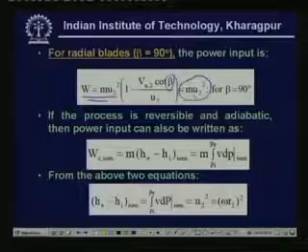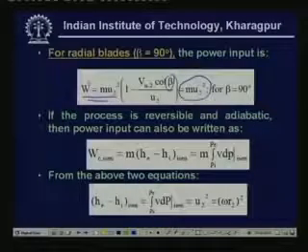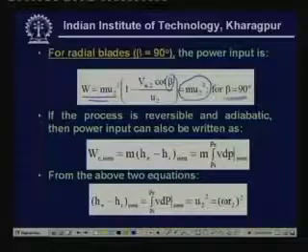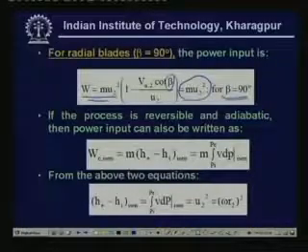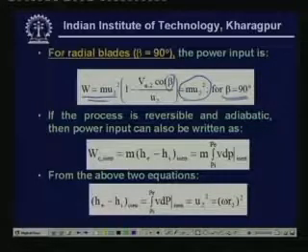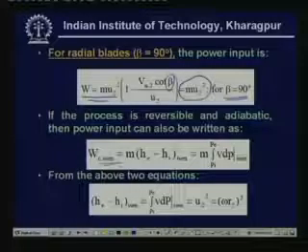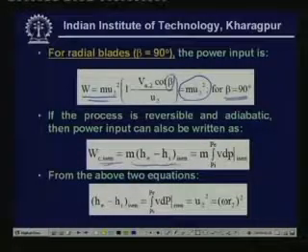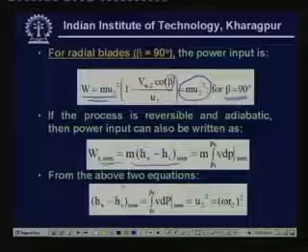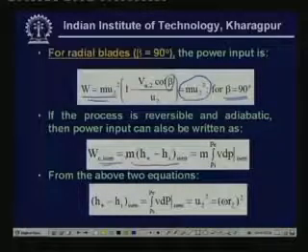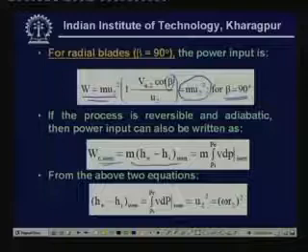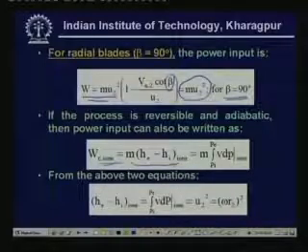So we get a very simple expression which directly relates the power input to the tip speed. Remember that this is only valid for beta is 90 degrees and with no tangential velocity at the inlet. And if you are assuming that the process is reversible and adiabatic, you can also write the power input in terms of the enthalpy rise of the isentropic process and the mass flow rate, that we have seen earlier. So power input is also equal to mass flow rate into isentropic enthalpy rise.